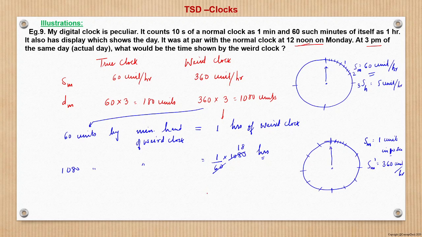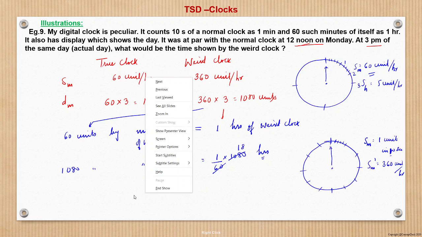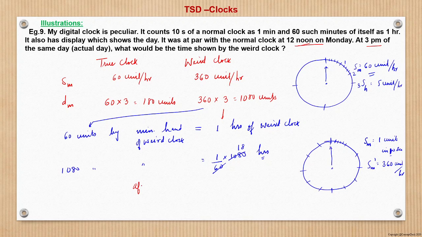After 18 hours, the weird clock will show 6 a.m. Tuesday, right? This is the answer. Why Tuesday? Just add 18 hours to 12 noon Monday. So this will be the answer to this question.